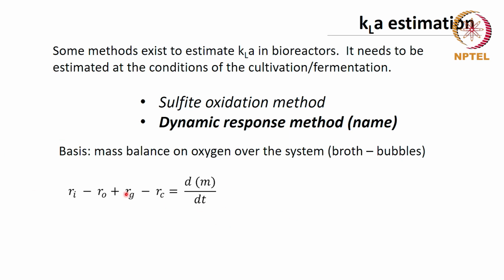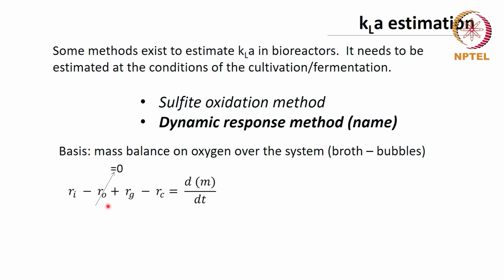The mass balance equation we all know by heart now. Input rate minus output rate plus generation rate minus consumption rate equals the accumulation rate, and we are writing this on oxygen. This is a bioreactor system, broth minus bubbles. The output rate is 0 of oxygen.